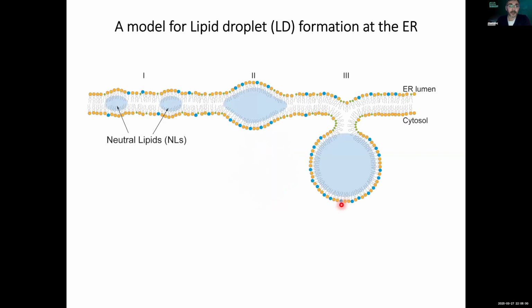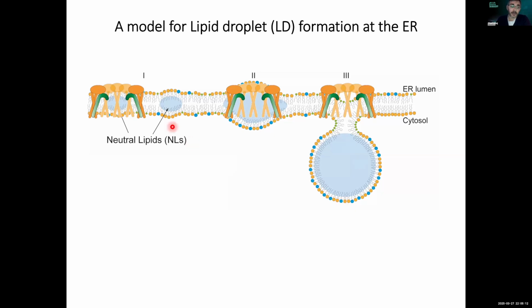And if we go back to this model I showed you, what we've managed to study is really how sapien promotes lipid droplet formation across the board. So we know now how sapien functions at the early stages and how it promotes lipid droplet formation, and now we're starting to understand how it stabilizes lipid droplets and what it does at later stages.